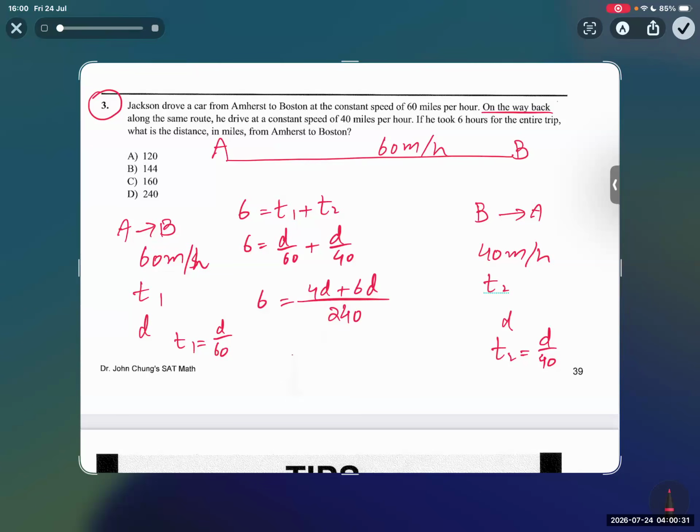That would be 6 equals 10D over 240. Cancel it out, 6 into 24. That would be 144 miles. Option B.